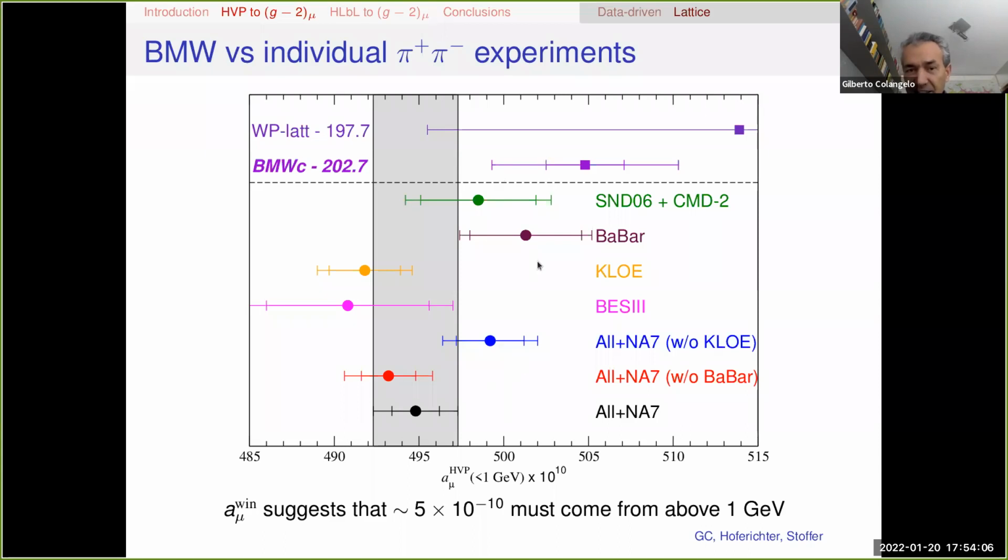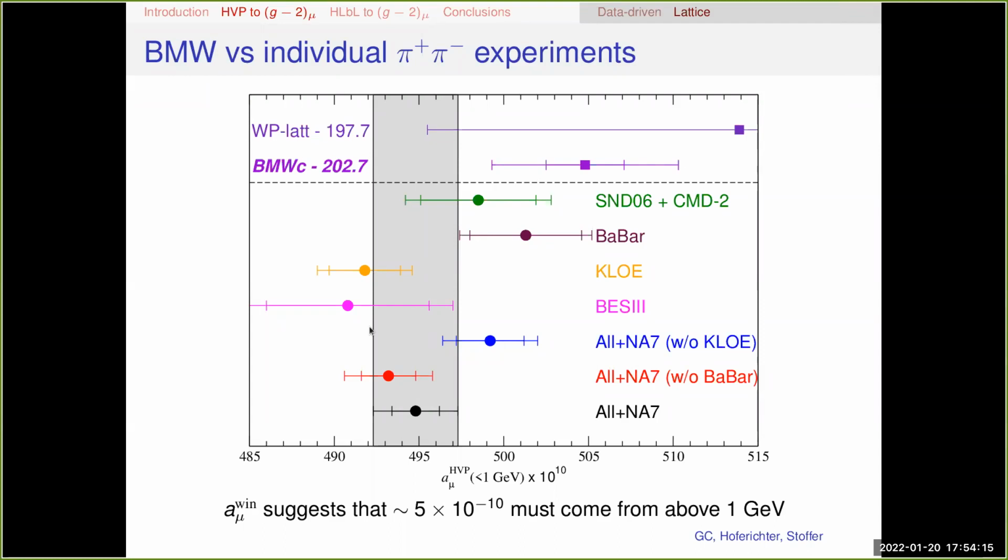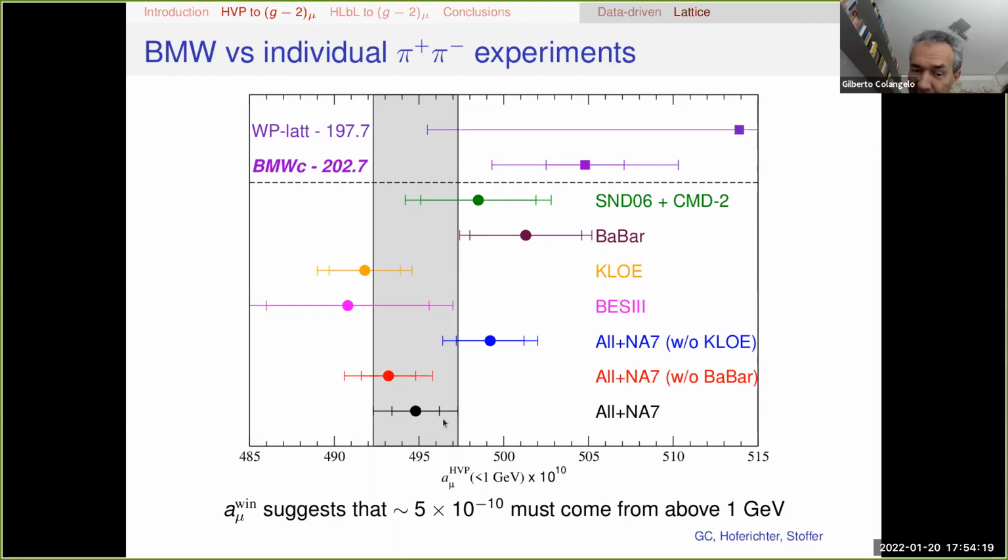So in this case, there is in fact a very good agreement with the SND and BaBar, and the difference is with KLOE and BESIII. But then there is the problem of how to explain the difference from above 1 GeV and the impact this would have on the electroweak fit.